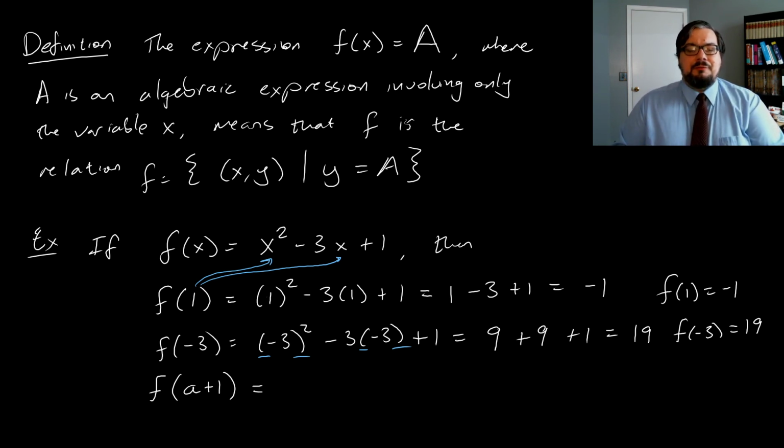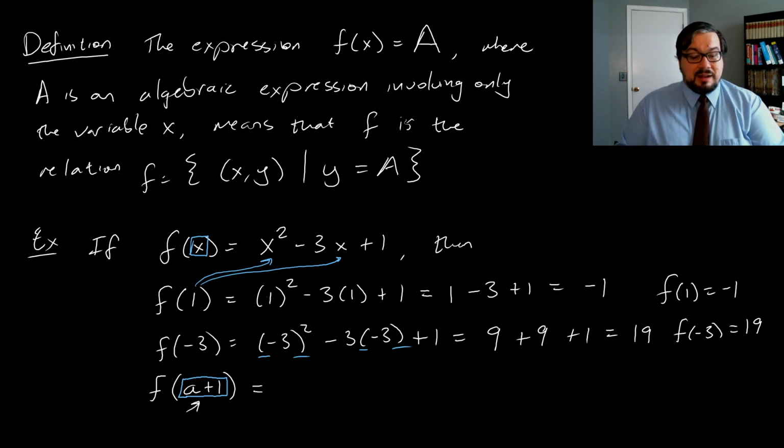When you are evaluating a function, as here, whatever is inside the parentheses behaves as the input to the function, which means that it is going to take the place of x everywhere x was in the original expression.